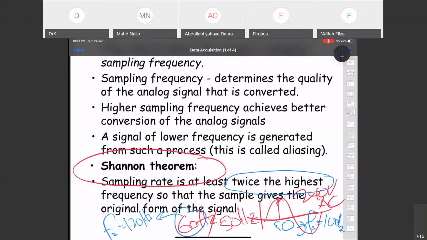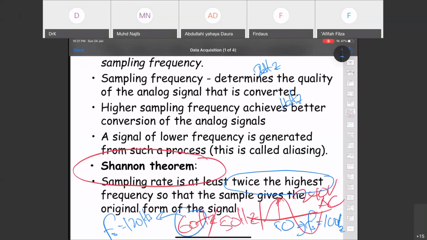For example, another example, my voice now, human auditory information. Basically, if I record my voice and look at the frequency spectrum, I'll see my voice maximum around 2 kilohertz. Maybe Abdullahi, your voice is maximum only 1 kilohertz.